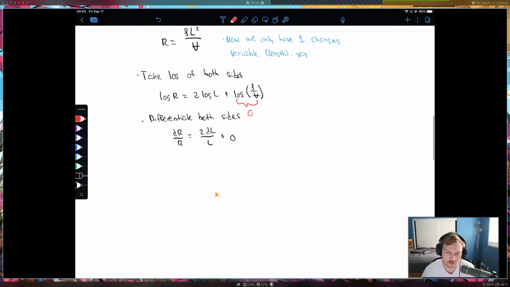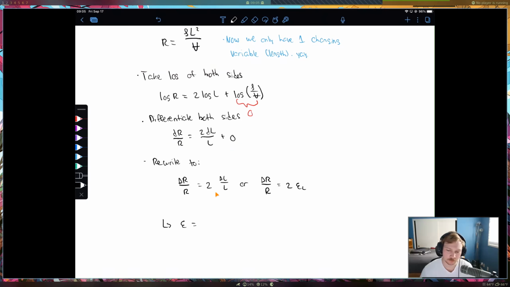And hey, we saw that before, the change in length over the original length, that's going to be strain. I wrote epsilon L, but that's just strain.